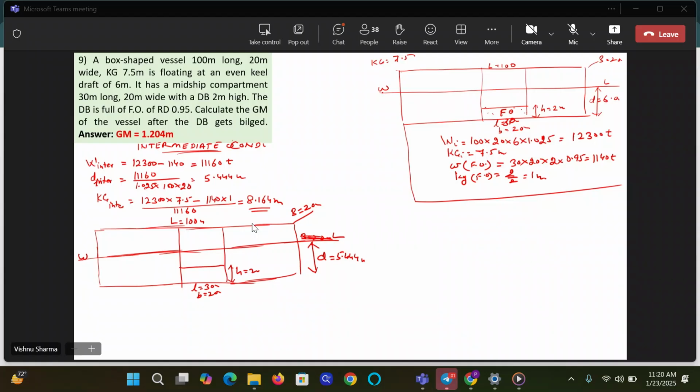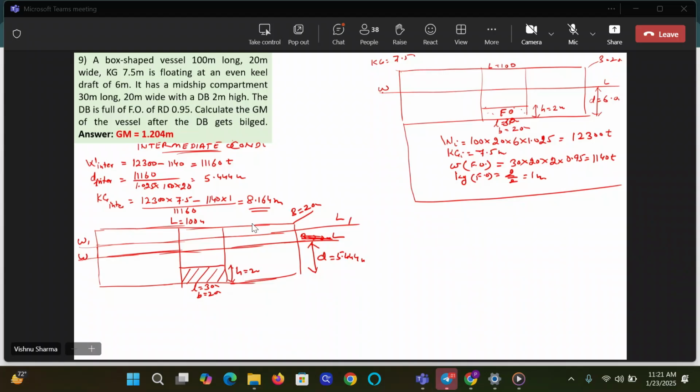Now I shade the lost buoyancy if the DB is bilged. This is the lost buoyancy. This will cause the vessel to sink to a new level, W1L1. Will the water rise between WL and W1L1? Guys, tell me quickly, will the water rise there?